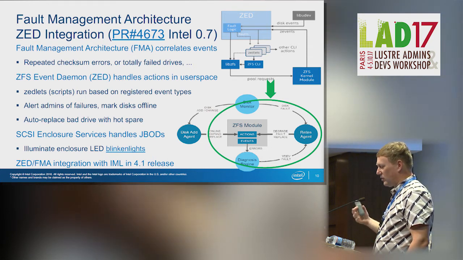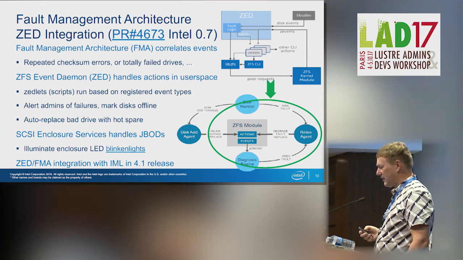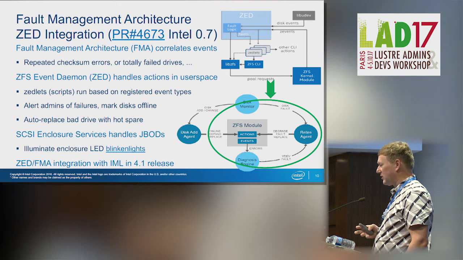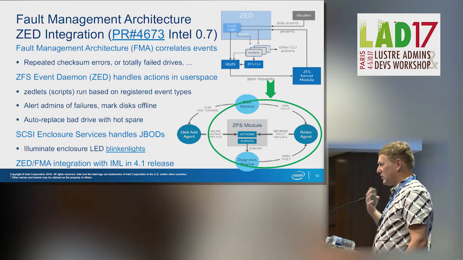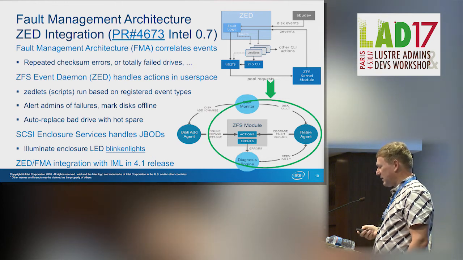So you can write rules in FMA and automate the disk replacement. It's one of the things that, with ZFS on Linux up until recently, the disk management was mostly done by hand.